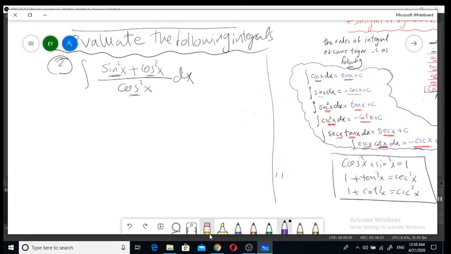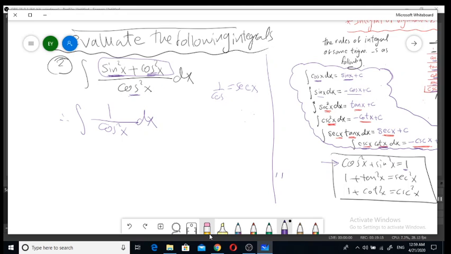So we have to use the famous trigonometric relations. We know that cosine squared x plus sine squared x, the first Pythagorean relation, equals 1. So we can replace sine squared x plus cosine squared x by 1. Then we have the integral of 1 over cosine squared x. And we know that the reciprocal of cosine x, 1 over cosine x, is equivalent to sec x.